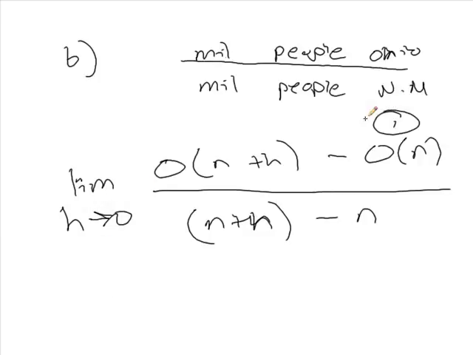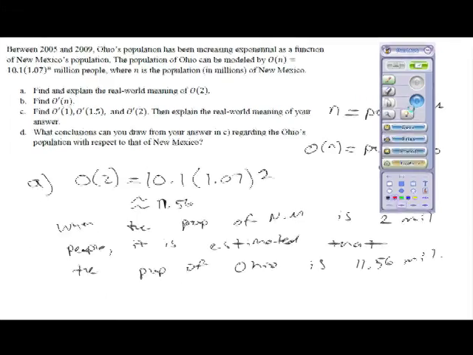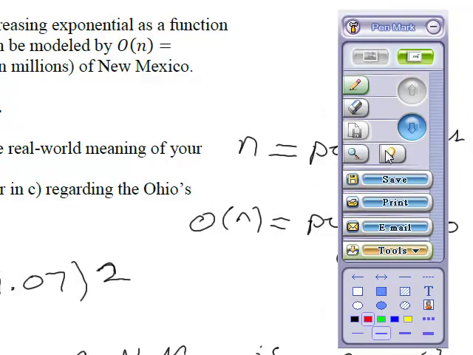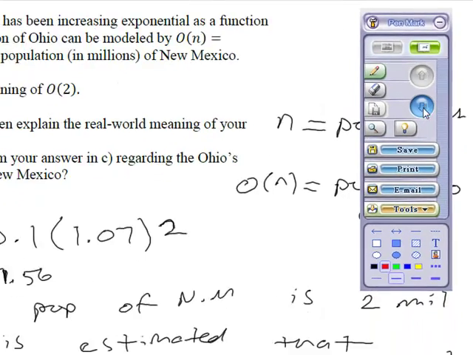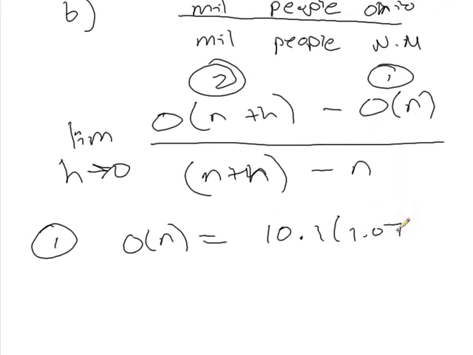So I'm going to copy down what I know, find out what I need to plug in here. So number one, O of N is the equation I was given, which is 10.1 times 1.07 to the N power.